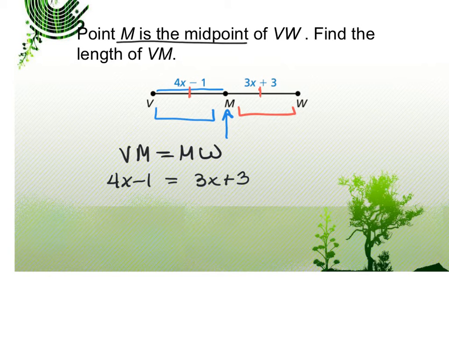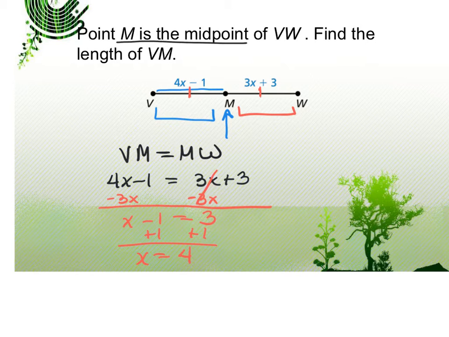Okay, just don't tell me that the answer to this problem is 15. So we're going to find the value of x first. So I'm going to subtract 3. Now, you can move numbers first or letters. That order doesn't matter. 4x minus 3x is x equals 3. And then I'm going to add 1. And my value of x is 4.